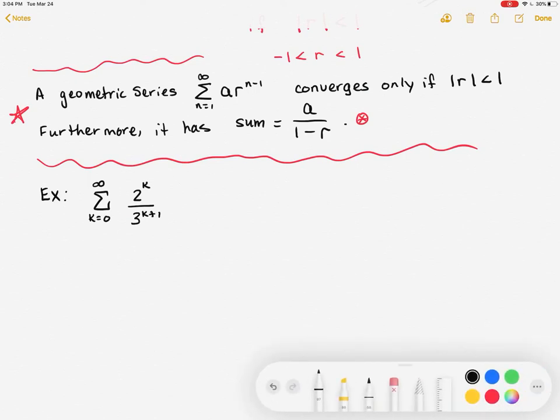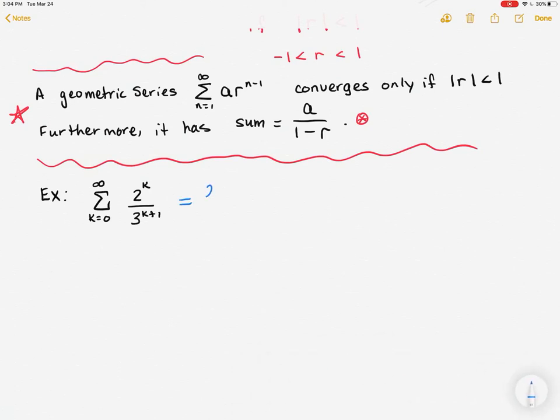In order to recognize that this is a geometric series, write out the first so many terms. Starting with k equal to 0, I would have 2 to the 0 over 3 to the 1, or 1/3. Now if k is 1, I have 2 to the 1 over 3 squared, which is 2/9. Next term, k is 2, I have 2 squared over 3 cubed, which is 4 over 27.